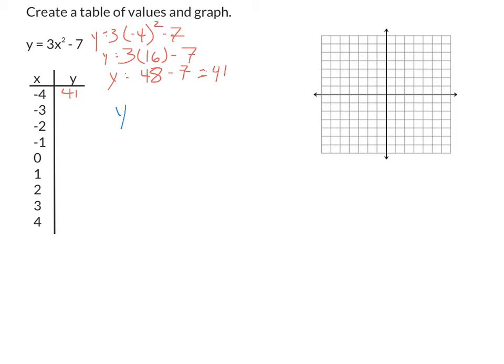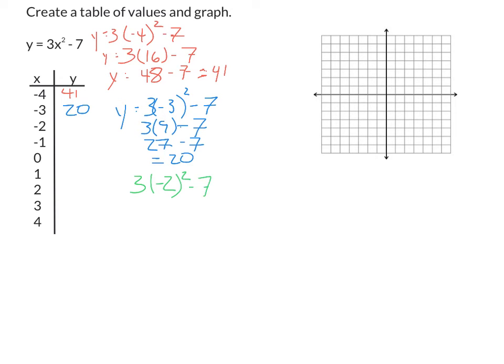Next, y is equal to 3 times -3 squared minus 7. -3 squared is 9. 27 minus 7 results in 20. Keep it going. 3 times -2 squared minus 7. -2 squared is 4, times 3 is 12.